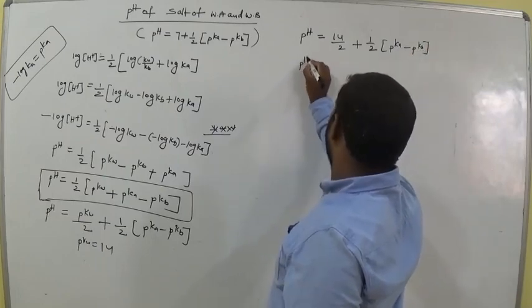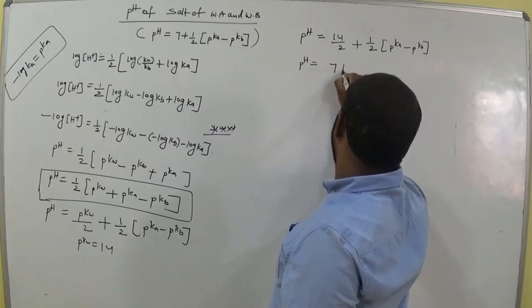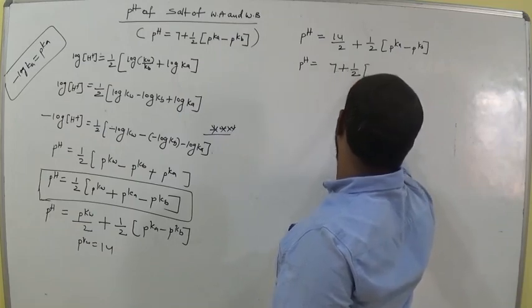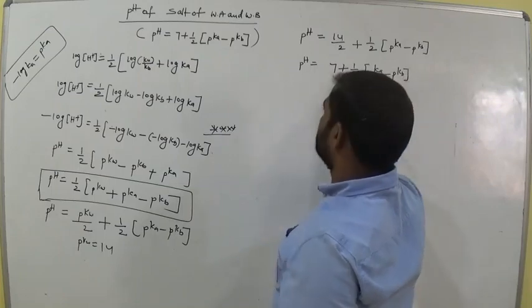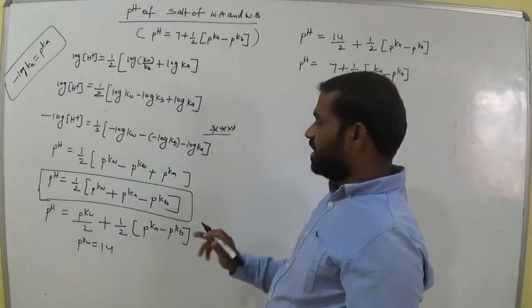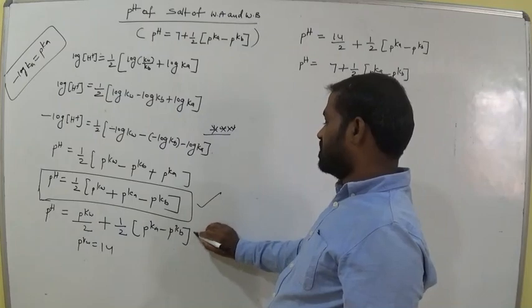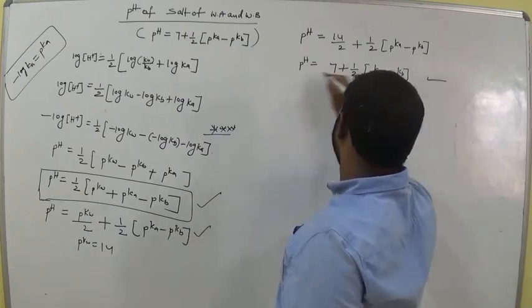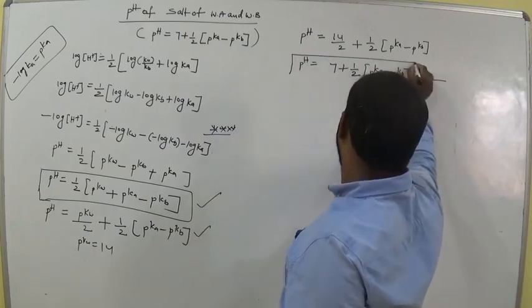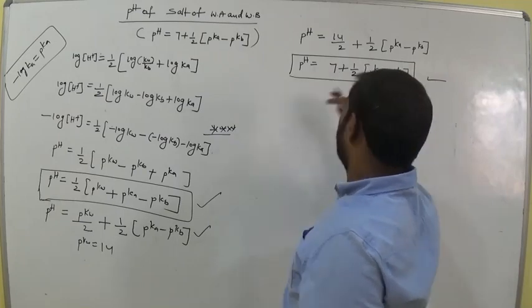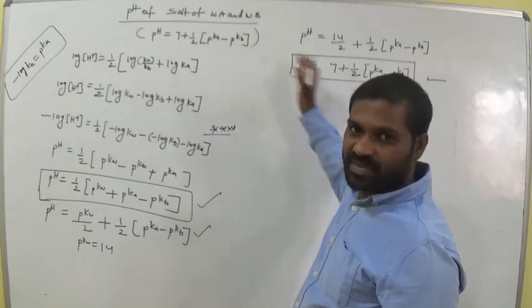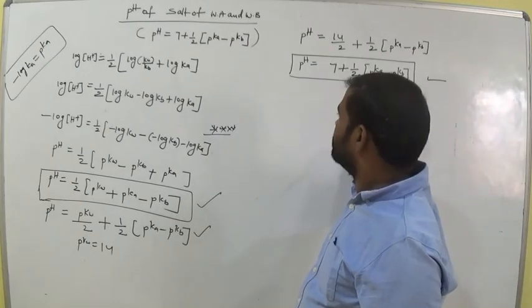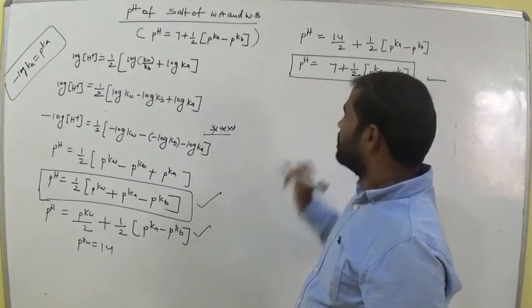Okay, now pH is equal to 7 plus half of pKa minus pKb. This is the expression. You need to remember this one. This is the shortcut formula. We just discussed the related formula initially, before this topic. Is it clear, all of you?